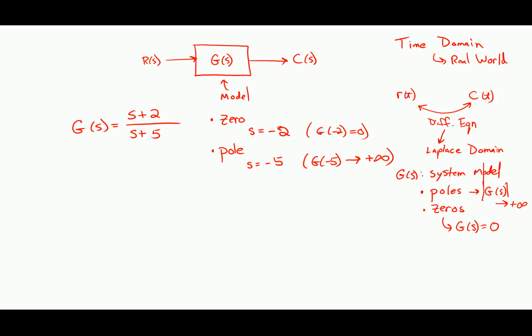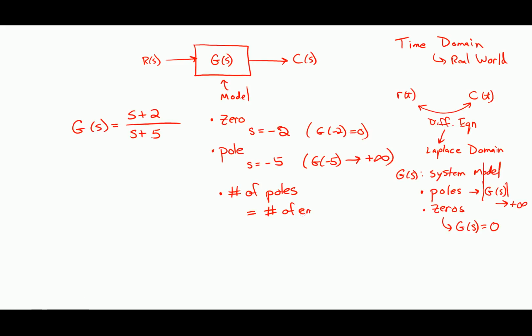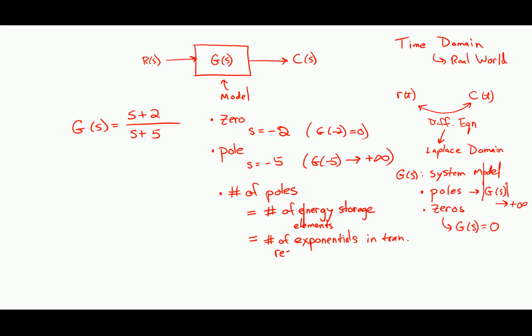But one thing that I want to bear in mind here, this is the important piece for me, is that the number of poles is always equal to the number of energy storage elements, which is also always equal to the number of exponentials in transient response.